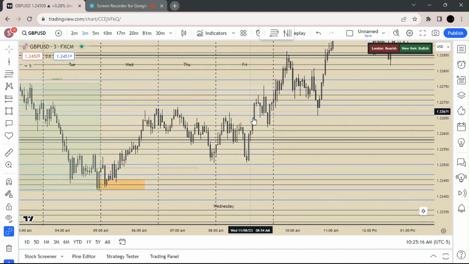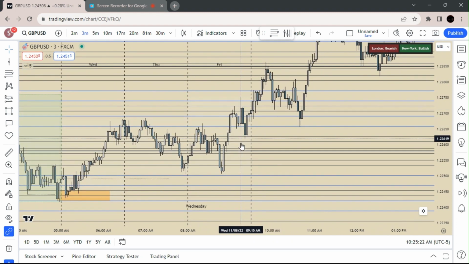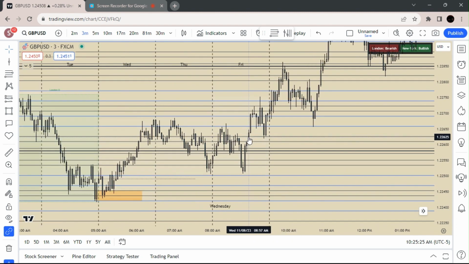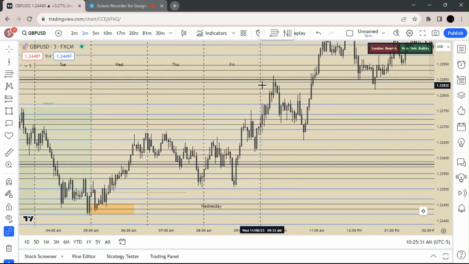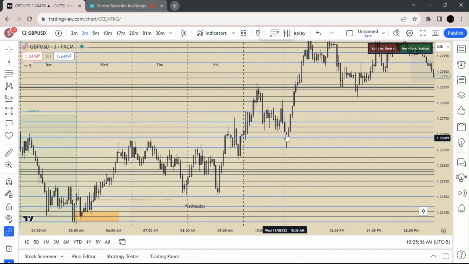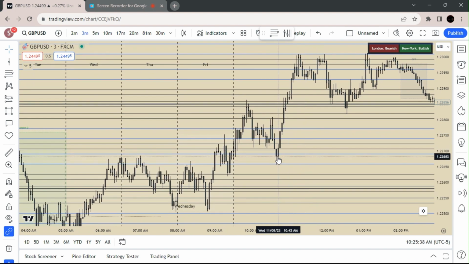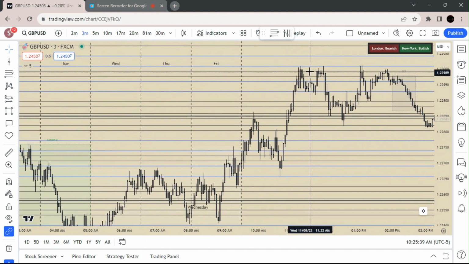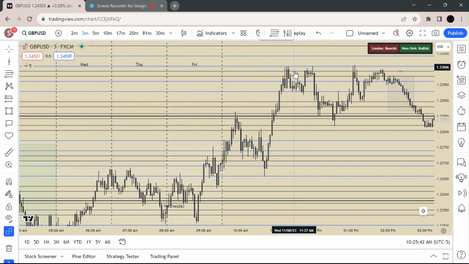As you see, we had a reclaim right here, and then we came up into the new range, rejected our fair value gap area when we had a fair value gap right there, so you could have entered right there as well. Came up to the high, rejected the high, came back down to the breaker, had a clean breaker rejection, so you could have entered there as well, and then you could have exited once you saw a reclaim of that breaker rejection right there.